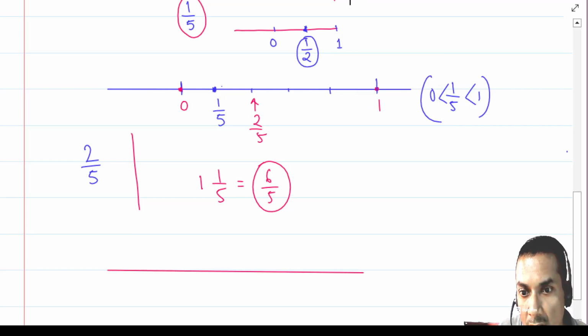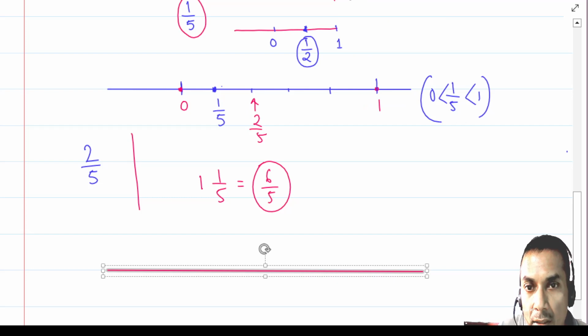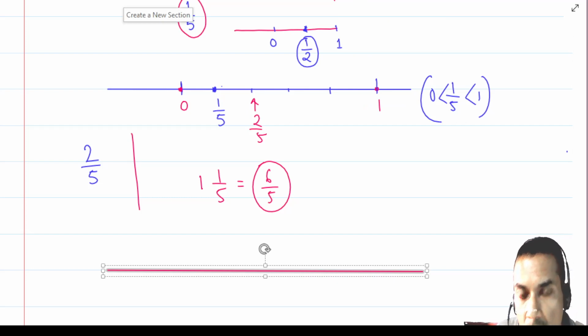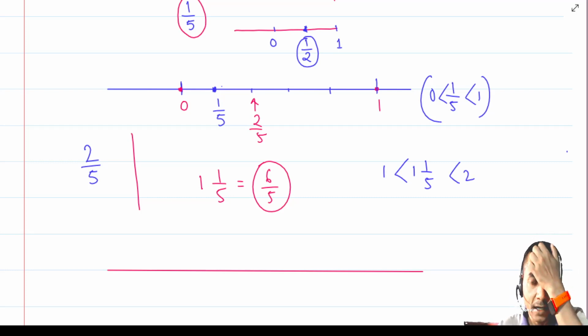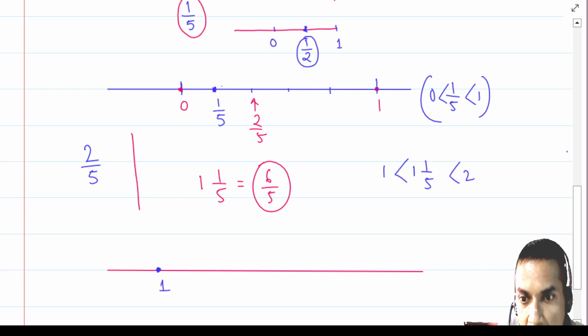First draw a straight line, then no need to consider 0. You have to identify that 6/5 is greater than 1 and less than 2. So it lies in between 1 and 2. So you only have to mark 1 and 2. Clear?